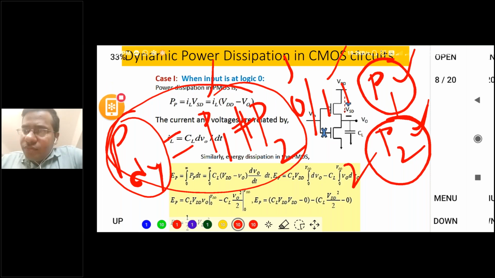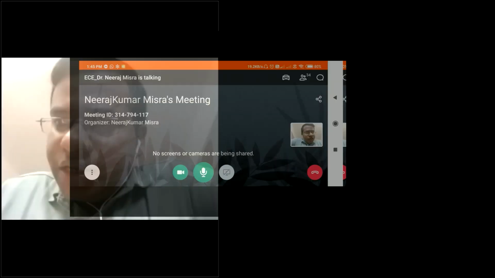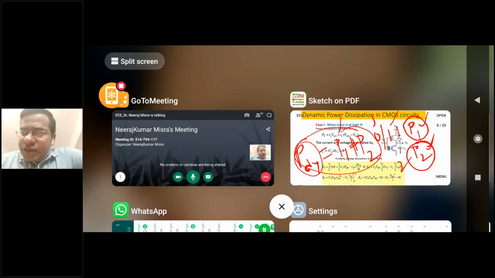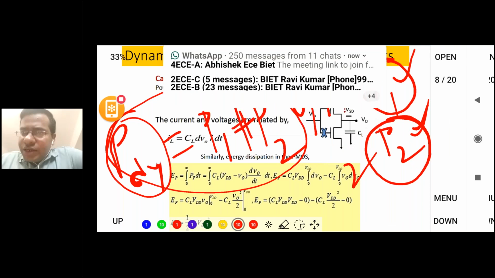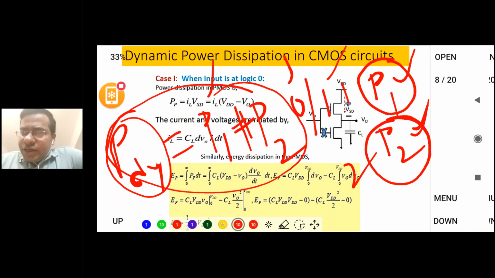But if the input logic changes from 0 to 1, it is a dynamic power dissipation, because the input logic is not fixed; it changes from one state to another.